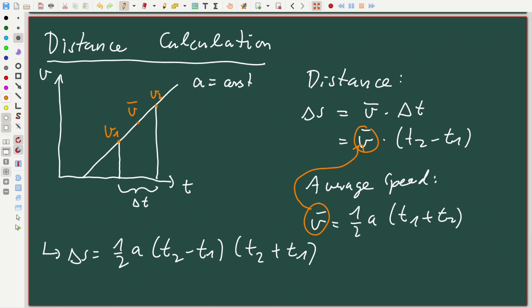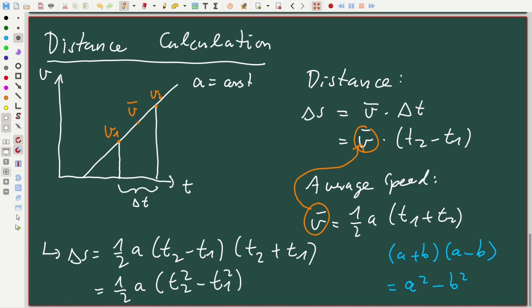And maybe I can write this down here in the corner, because we know from math that any given product (a plus b) times (a minus b) is nothing else than a square minus b square. And the same we can apply here. So this would then at the end result in 1/2 a, and then we have here t2 square minus t1 square.